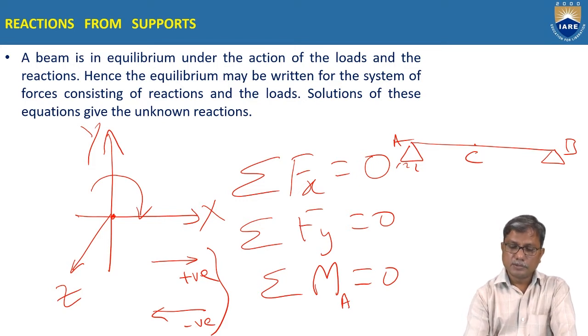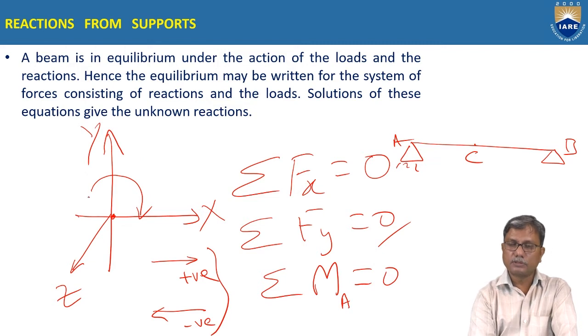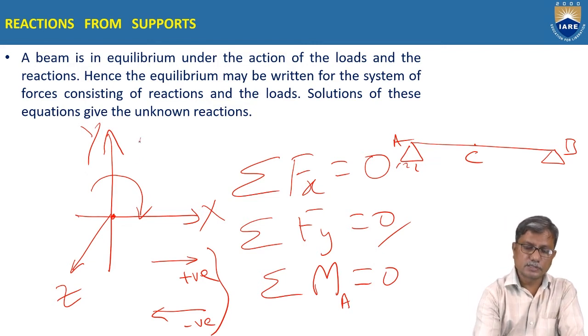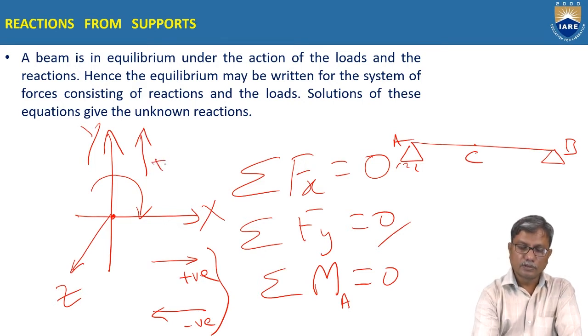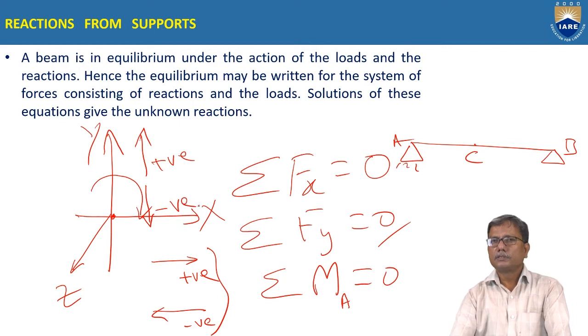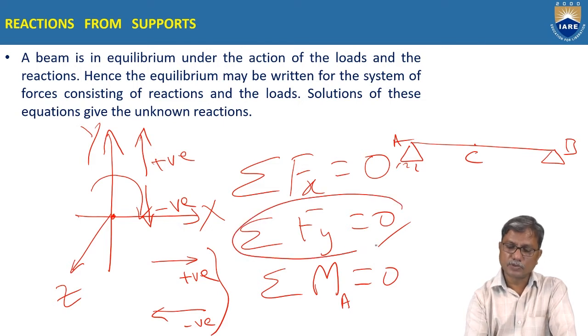Similarly, sigma Fy = 0 indicates the sum of forces along the y direction is 0. If you take upward forces positive, then downward forces are negative. The sum of upward forces is equal to the sum of downward forces. That is the meaning of this equation.